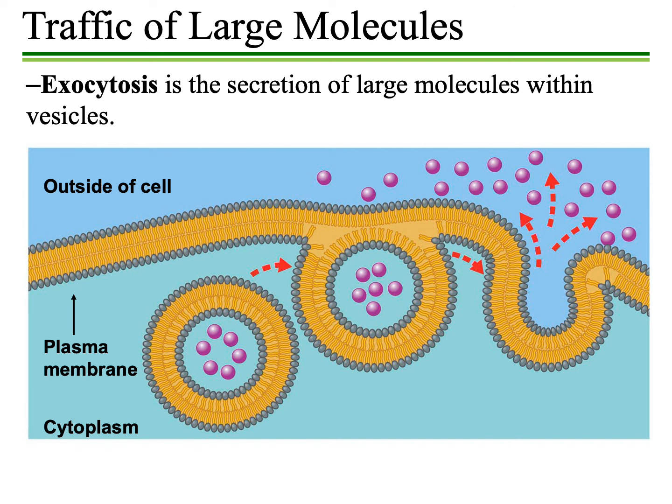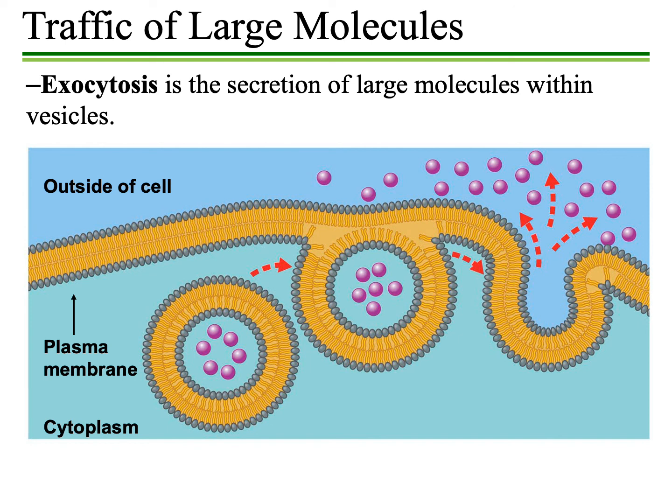A vesicle is just defined as a small membrane-bound sac. In this case, we've got this purple molecule that needs to leave the cell. It's in a vesicle, which is this small membrane sac. The vesicle moves towards the plasma membrane and eventually fuses with the plasma membrane.